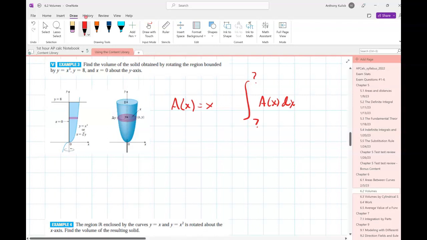What if we integrate with respect to y? What would the area function there be? Oops, this would be pi x squared.